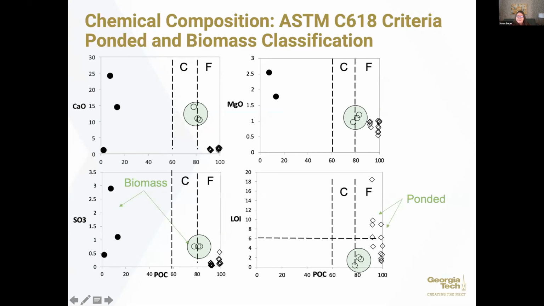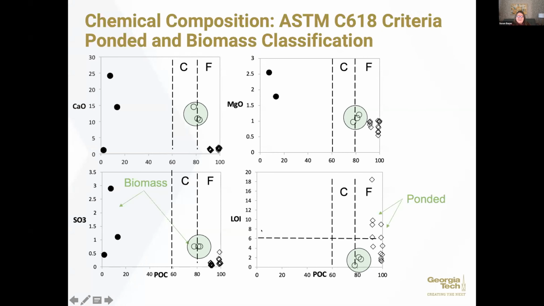Those are the open diamonds that you see in these 4 different graphs here. So in all cases, for the oxide content shown here, and then as well for the LOI, you can see that we're in the reasonable range for a lot of these ponded ashes of what we would expect for a coal fly ash. Biomass kind of is a different creature, I'll say, in some cases.